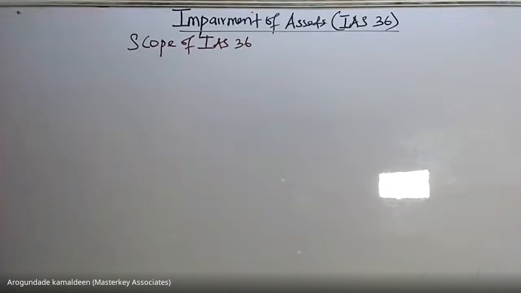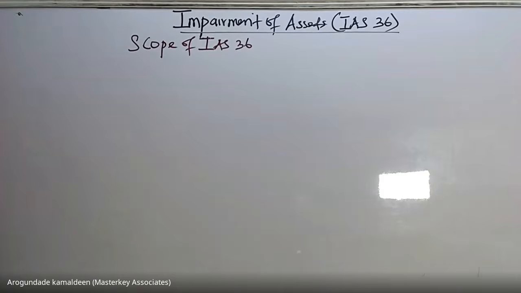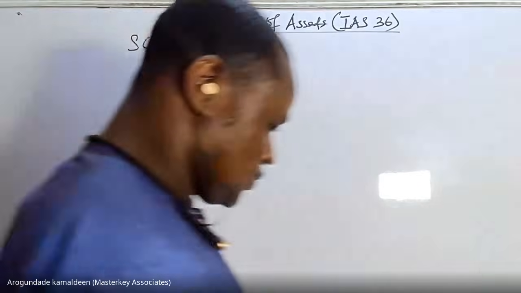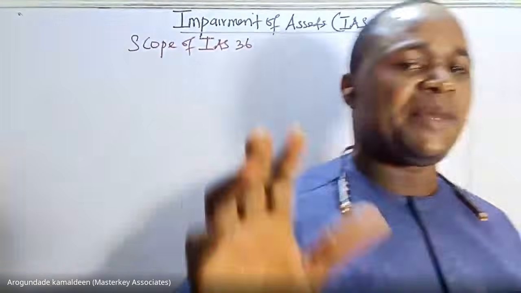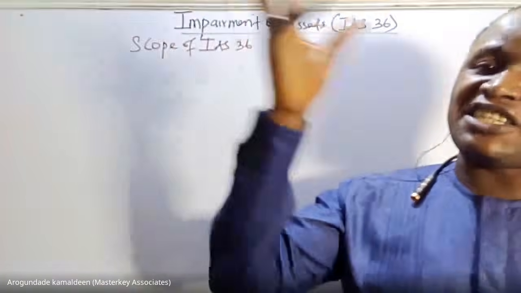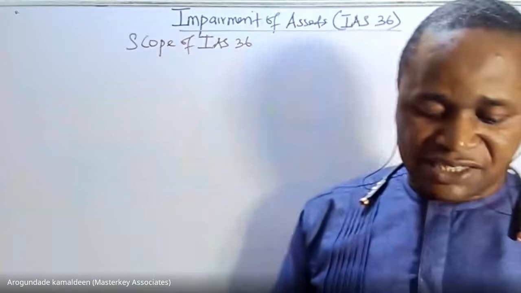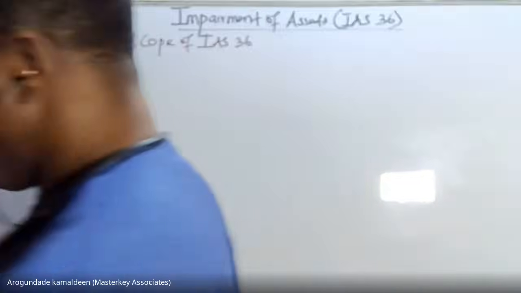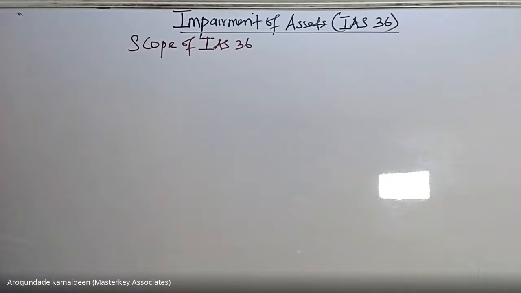However, we should take note that IAS 36 applies to the impairment of all tangible and intangible assets, except the following.